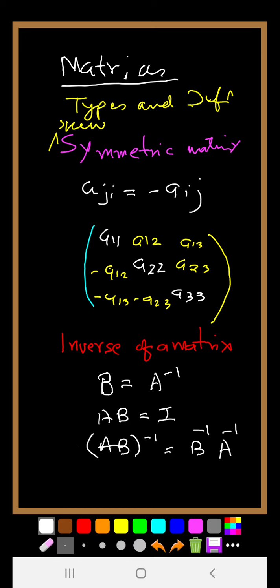Then we can have something called the commutation property.